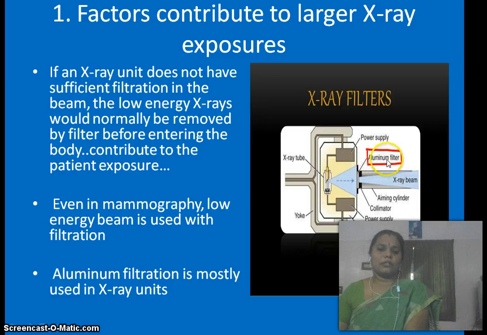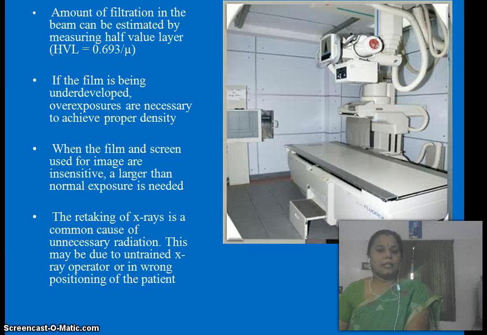What is the role of this filter? This filter always filters the low energy X-ray beams, which are unnecessary radiation for the patient. But exclusively in mammograms, these low energy X-rays are used to trace the image of breast cancers. But here, though the energy is low, the filter should always be used so that we can avoid some unnecessary radiation exposed to the patients.